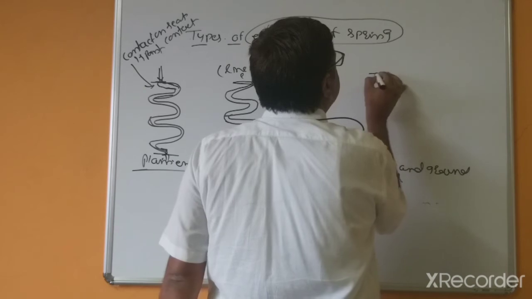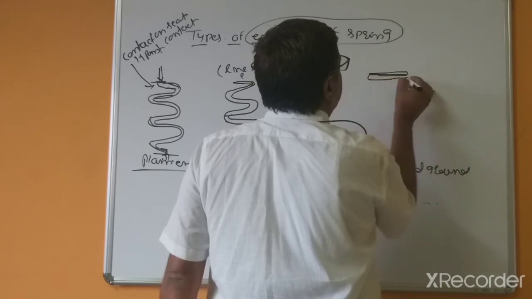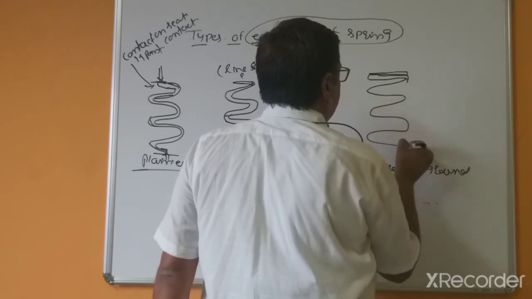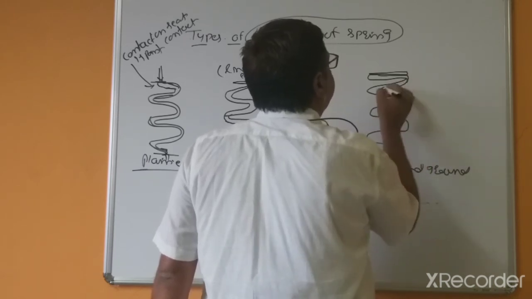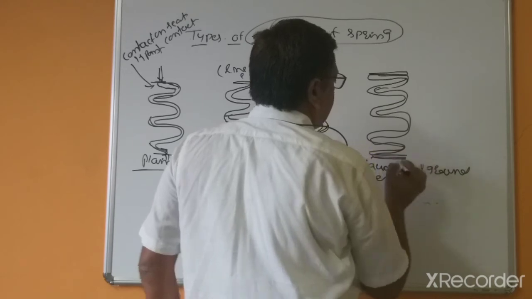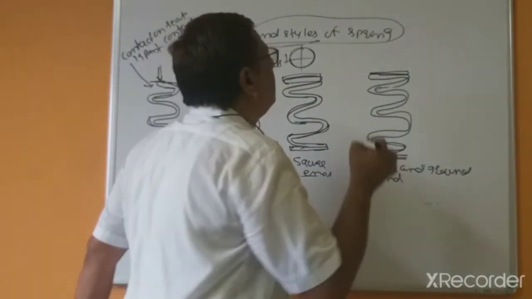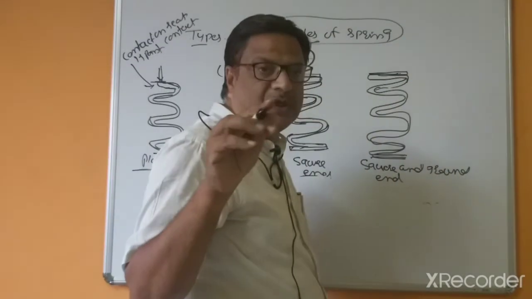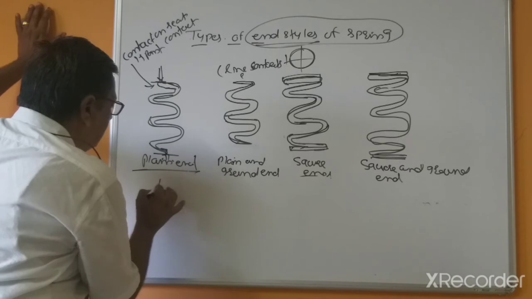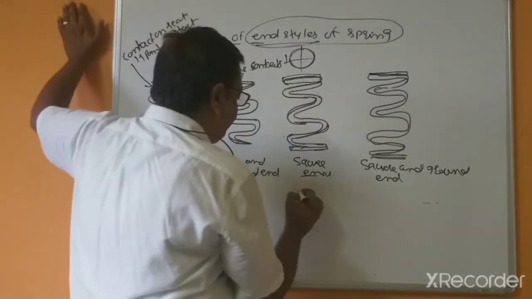Now this surface is plain. So this is ground. And the number of active turns: this is an inactive turn, so that will not take any part in the deflection. So this is n plus half, and this is the total.